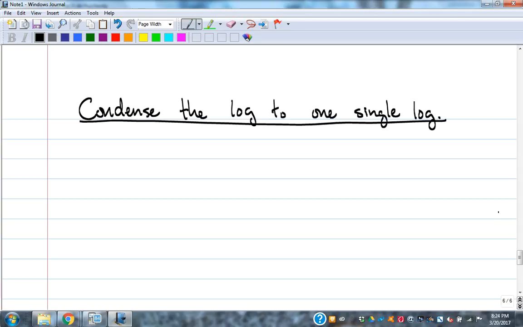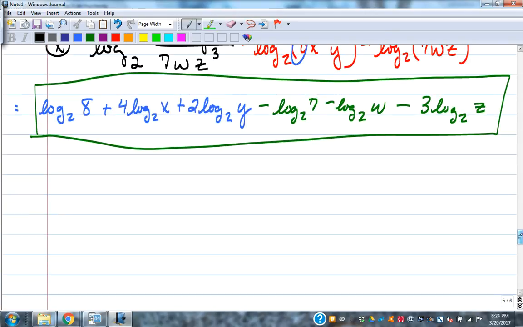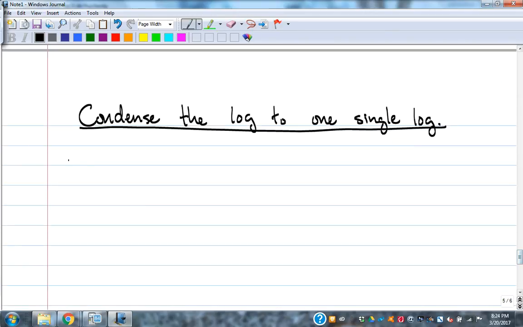So it's going to start out on example Y as log base 4 of x minus log base 4 of y. And let's just start with something easy like that.